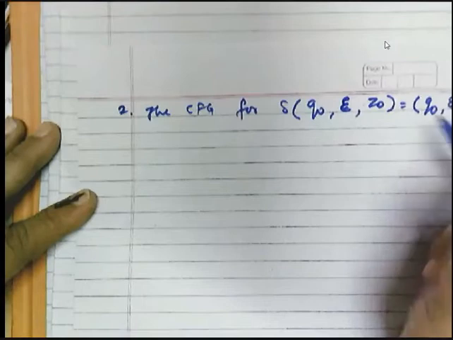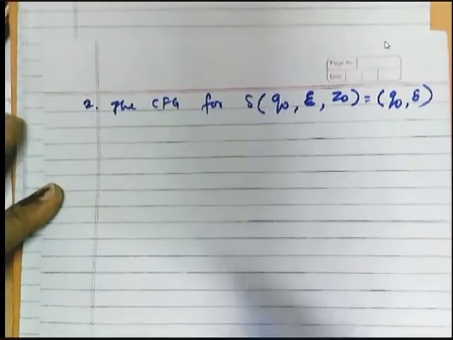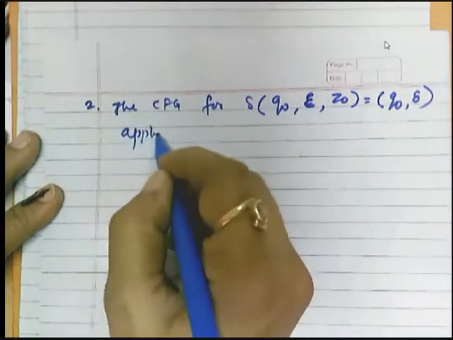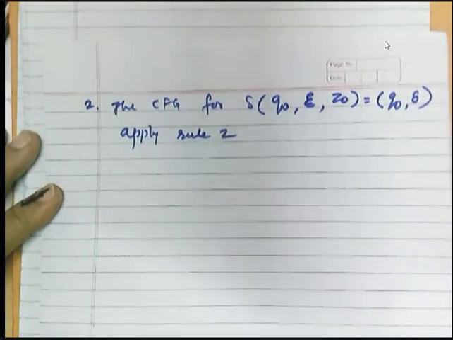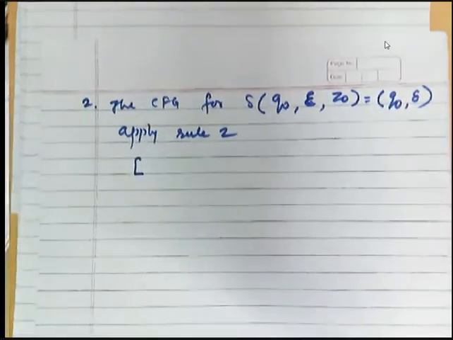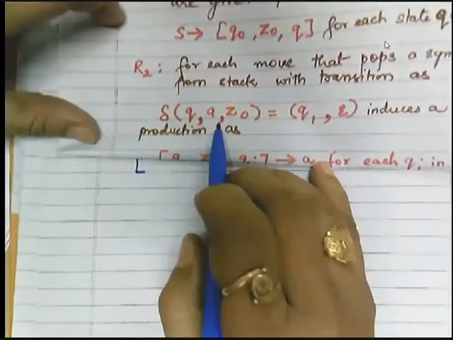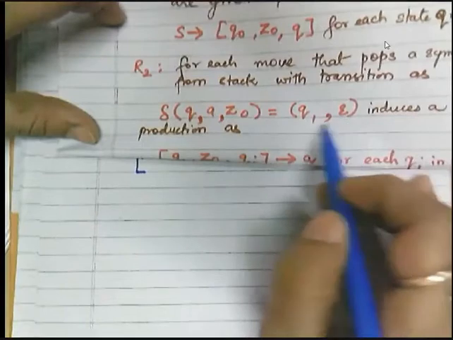So which rule will you be applying? To apply rule 2, you will be getting simple. See, what is rule 2? See, this is your rule 2. Delta Q A Z0, so this is a copy.